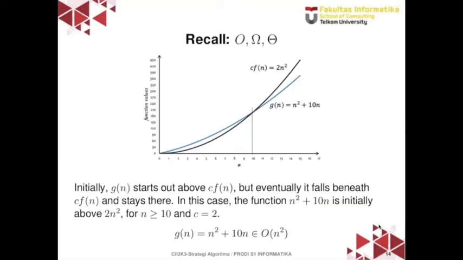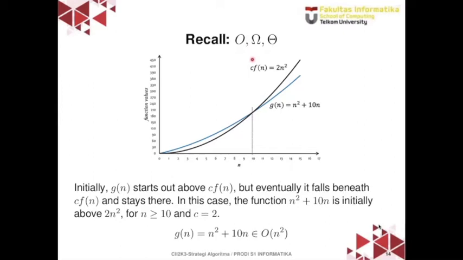This eventual behavior can be notated by three main notations: big O, big omega, and also big theta. The most used notation here is big O because essentially big O is talking about the worst case we have, but big omega is talking about the best case.